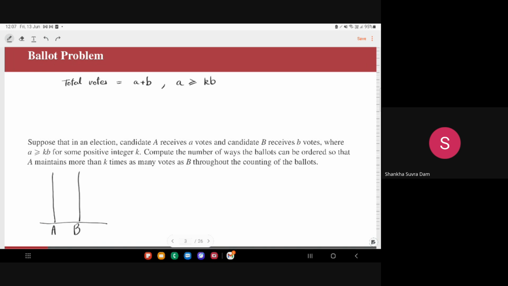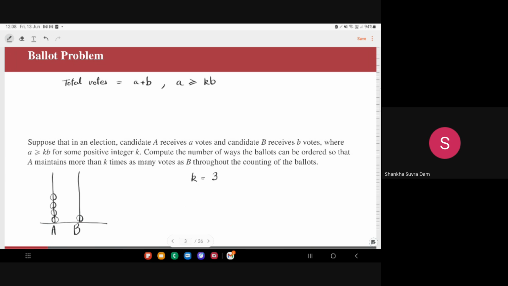And now the first voter comes in and puts a bead in A's section. So suppose k is equal to 3, then I must have at least 4 beads for A before there is a bead for B.